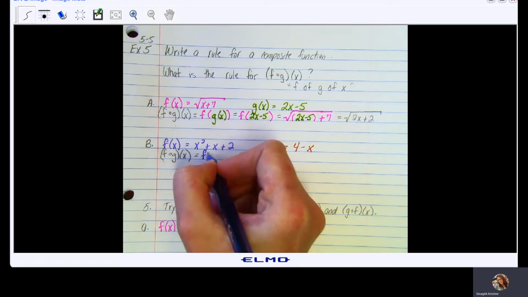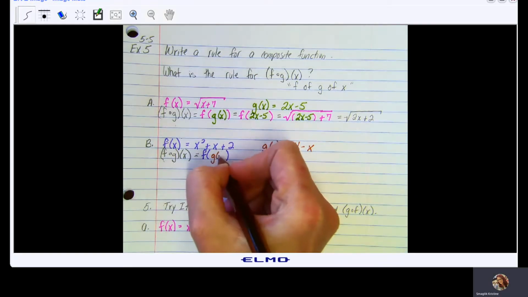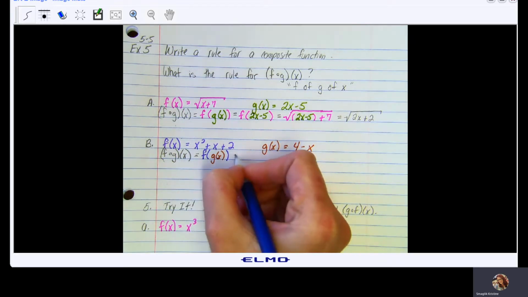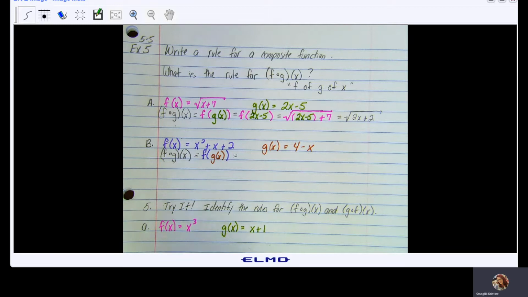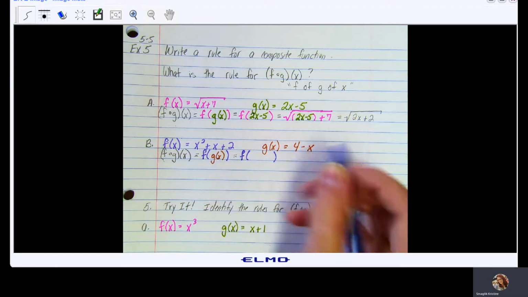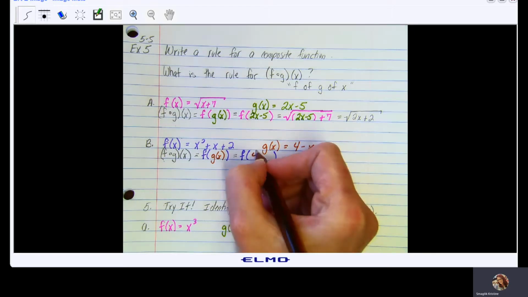This is the same as f of g of x. G of x is your input. Which is the same as saying f, and then inputting g of x in, which is 4 minus x.